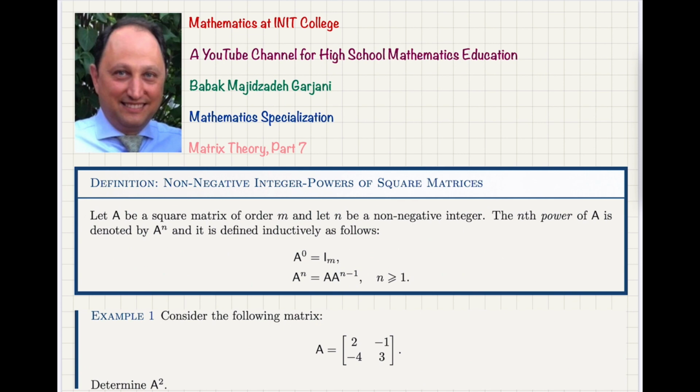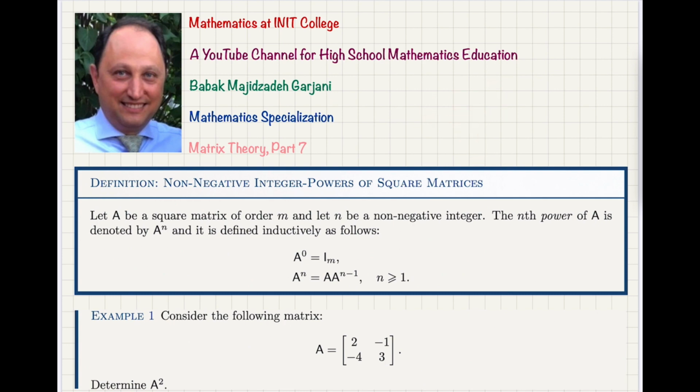For example, if I have number a and multiply it 4 times, instead of writing it in that form, I would write a to the power of 4. So this is merely a shorthand notation for this longer product. The powers come after we have multiplication.